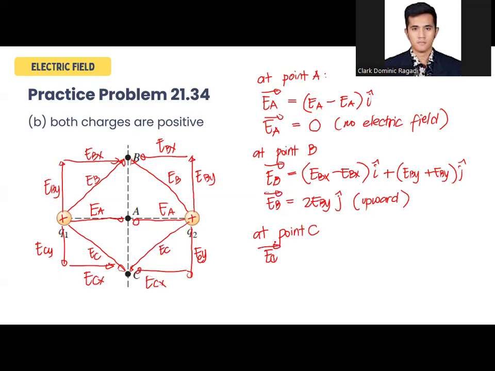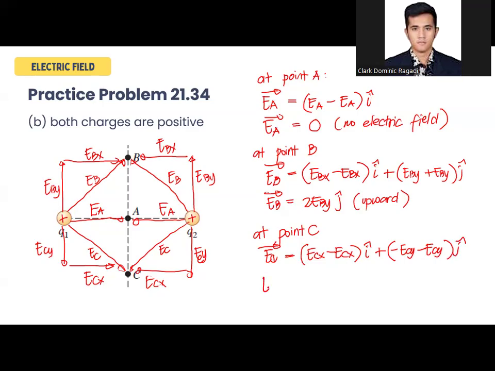Vector EC equals, for the X components, on the side of Q1, ECX is going to the right, so it's positive, but on the side of Q2, it's going to the left, so minus ECX, I hat. Plus, for the Y components, they are both negative since they are both going downward, so negative ECY minus ECY, J hat.